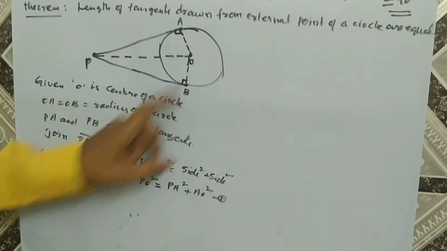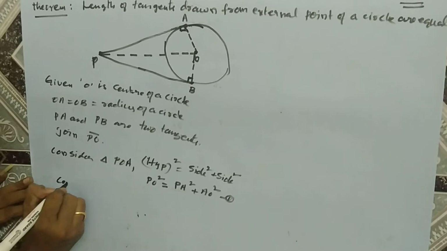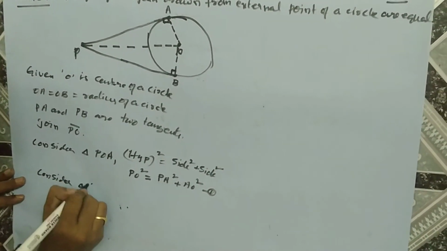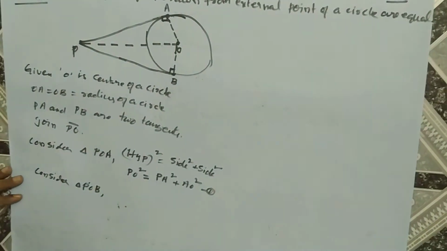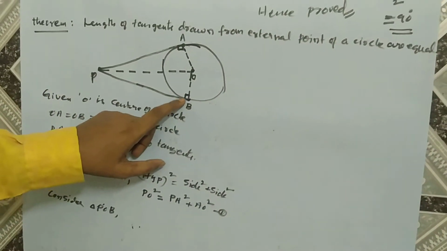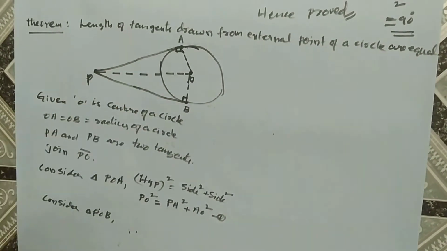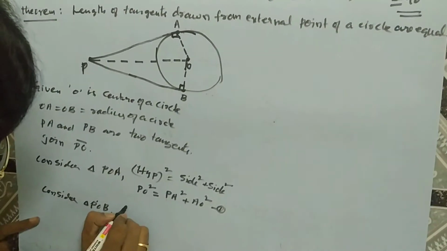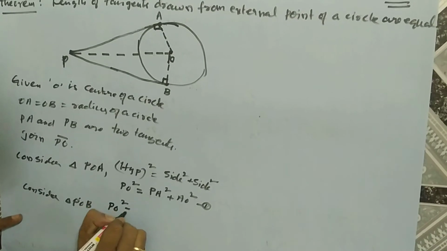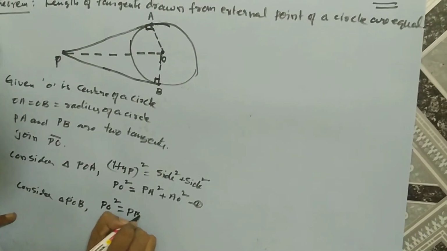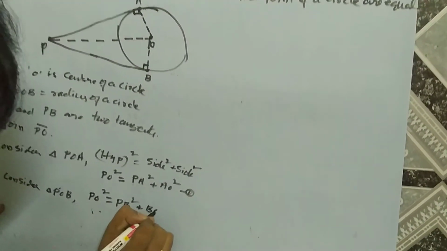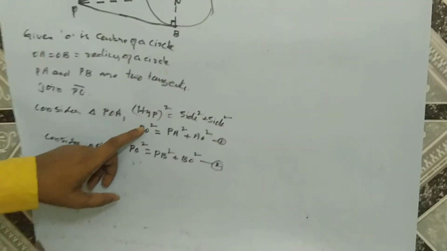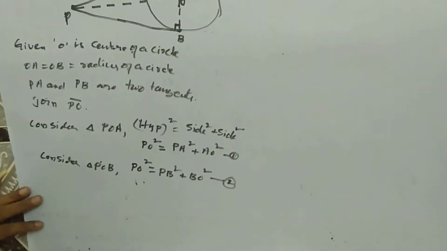Next, consider triangle POB. At B there is 90 degrees, and opposite the 90 degrees is the hypotenuse. By applying the Pythagoras theorem, hypotenuse square, PO square, equals PB square plus BO square. It is equation 2. In equation 1 PO square, in equation 2 PO square.